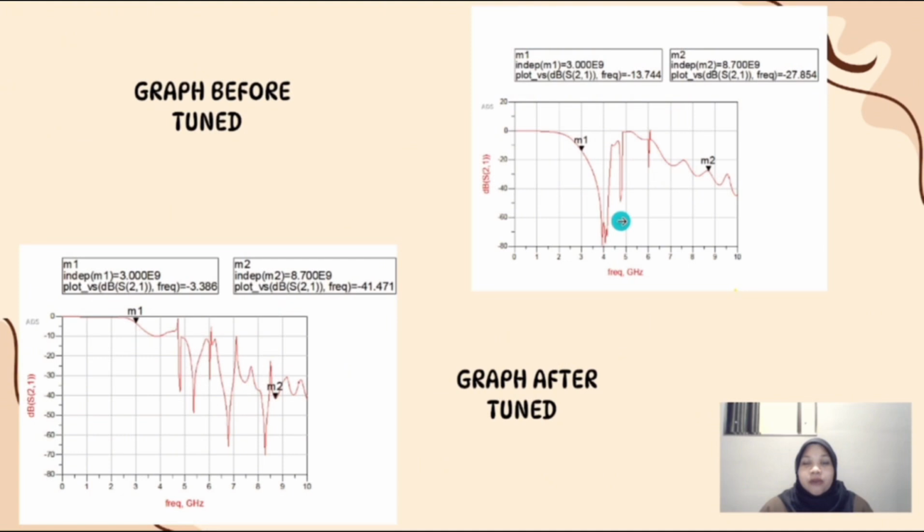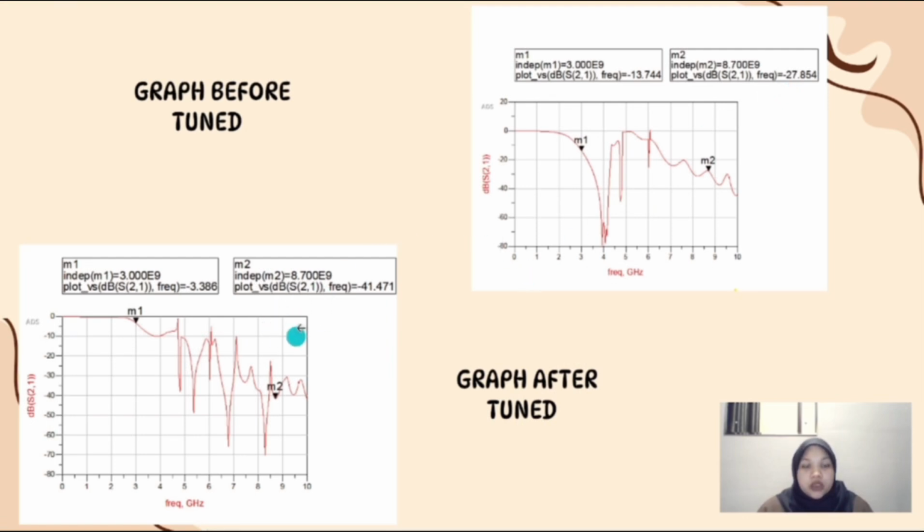So this is the graph before we tune. As we can see, for M1 we got 3 GHz and the value is negative 13.744. For M2 we got 0.700 GHz, and the value we got is negative 27.854.